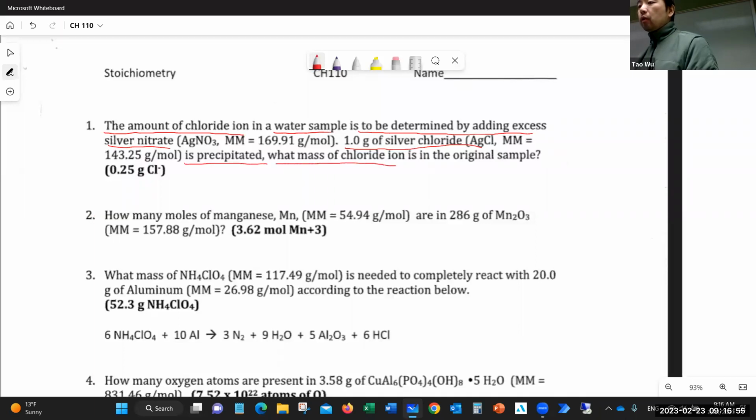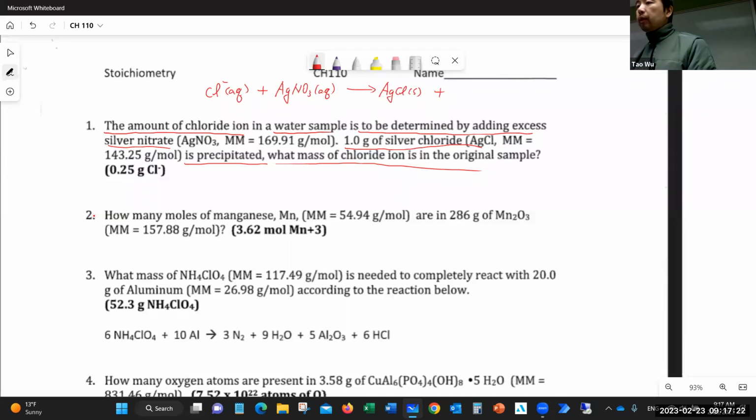What is the mass of the chloride ion that was in the original sample? So first, let's set up the equation. We have chloride ions in the solution, and then we add silver nitrate to this solution. And then they make a silver chloride precipitate.